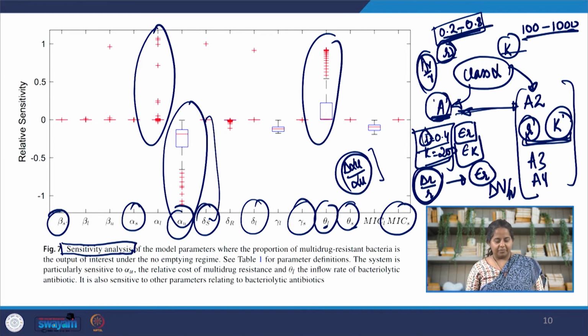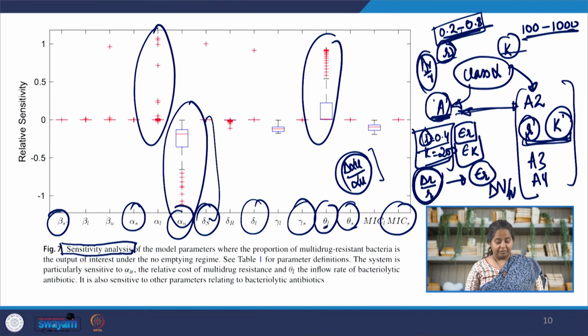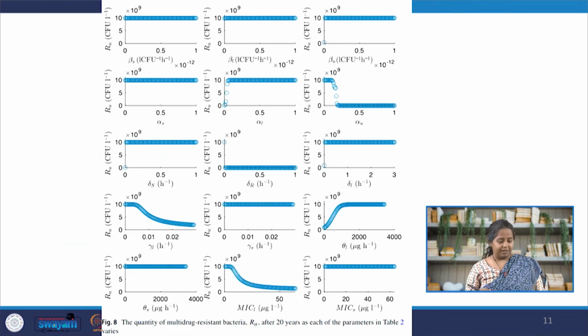A follow up of sensitivity analysis is the question I have been telling you about: how do my results vary when the parameters vary. This graph tells me the sensitivity of each parameter. This graph tells me how the results are going to vary. On the y-axis here we have the levels of multi-drug resistant bacteria RU, the kind of bacteria we are very concerned about.